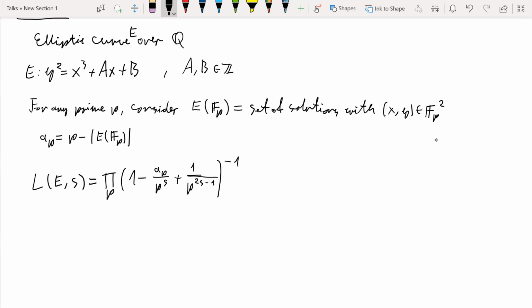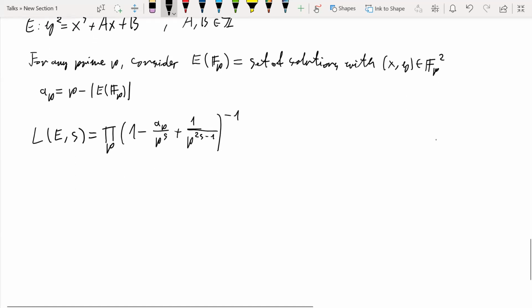This is an L-function which is built completely out of local information about our elliptic curve, because these a_p only depend on the reductions of our curve modulo p, and we are only counting the points over those finite fields, as opposed to integer or rational points.